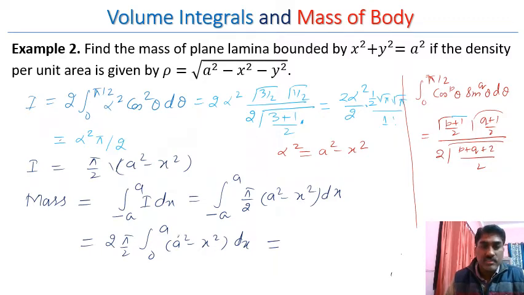This first part, a square, will give you a square into x, so a cube, and this second part will give you x cube by 3, so a cube by 3. So a cube minus a cube by 3 means 2a cube by 3. So our answer is 2 pi a cube by 3. This is the mass of the lamina required in the question.